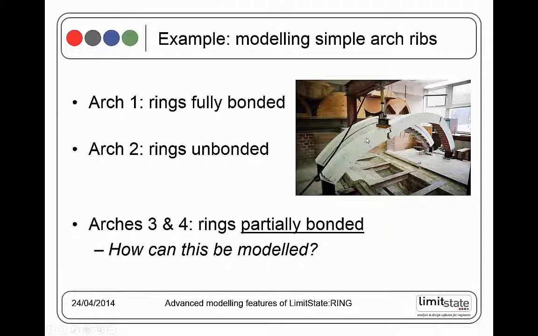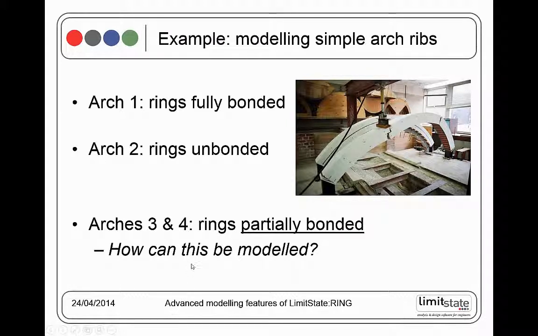In the picture you can see in the foreground an arch rib with good bonding between rings, and you end up getting a 4-hinge failure mechanism. In the background, the second arch rib, arch 2, has deliberately debonded arch rings. We actually have just sand between the two arch rings.